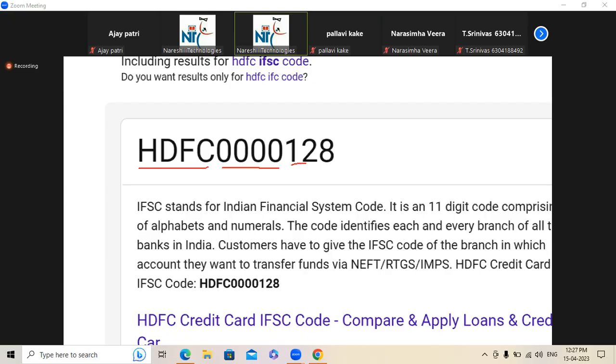This last 3 digits will be changing. Now write a pattern for this. Any HDFC only. HDFC, after that 4 zeros, after that a 3-digit number which is changing. Means up to here it is standard. Up to here standard. Only this is changing. Understood?